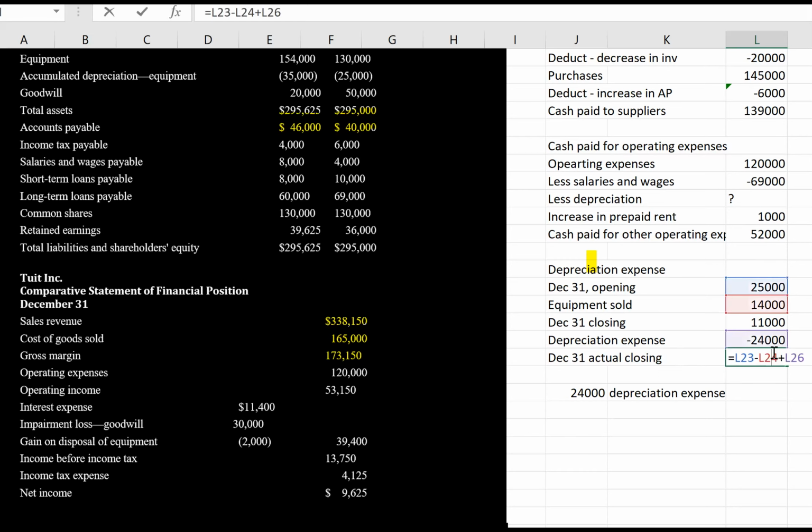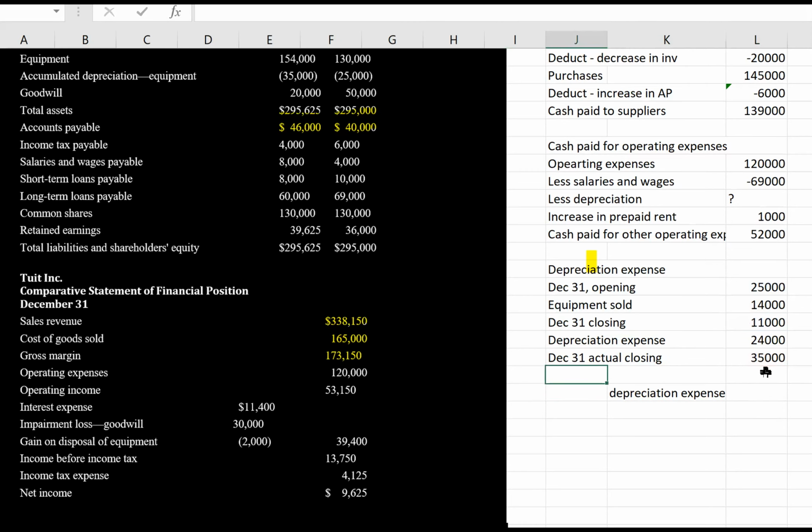Then I will get 35,000. My signs are just mixed up here, because that was our opposing depreciation expense. There's our 35,000 closing. So my depreciation expense is going to be $24,000.